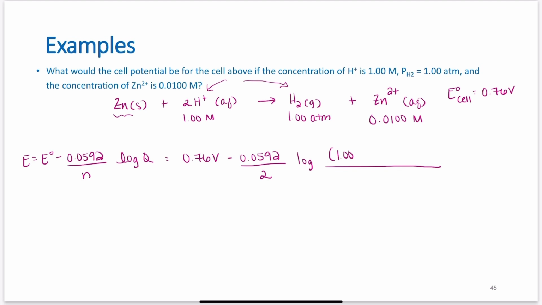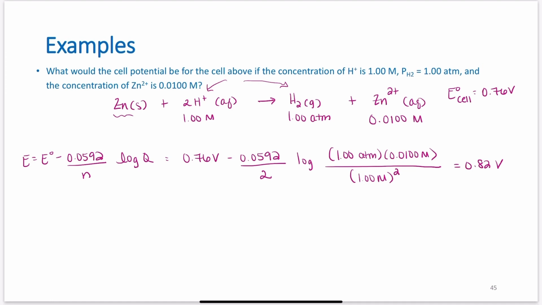You can mix pressures and concentrations here in the Q expression. So 1 atmosphere of H2 gas, 0.01 molar of the Zn2+, my products, divided by 1 molar squared for the H+ concentration. Overall, this gives me 0.82 volts.